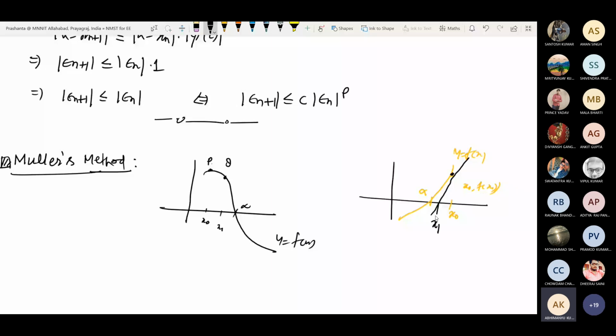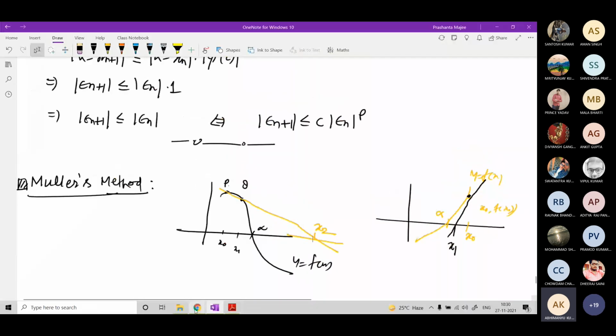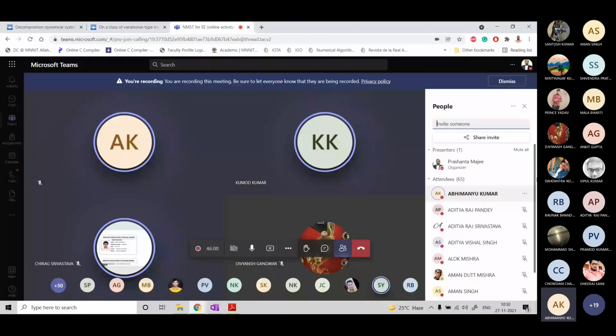The point where this chord crosses the x-axis is our next approximate root, x2. Again, we are approximating the part of the curve near the root by a straight line, and the same thing happens in the regular Falsi method also.